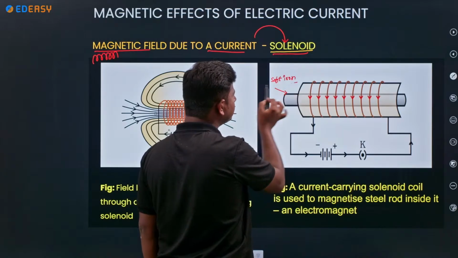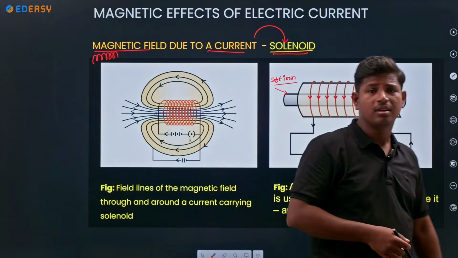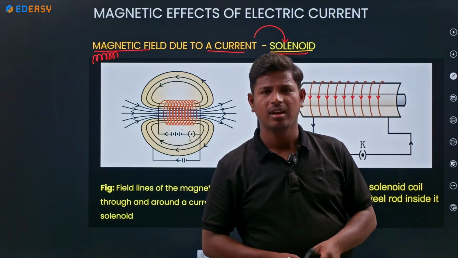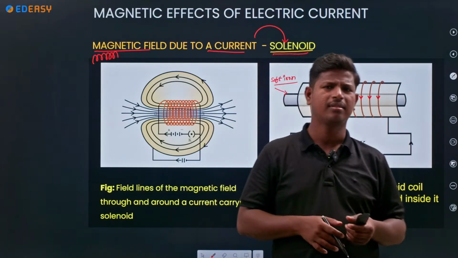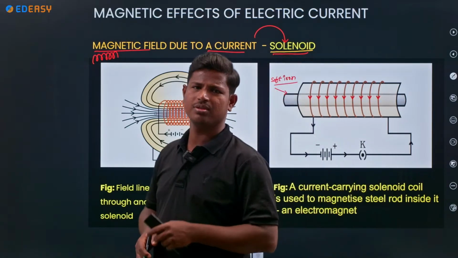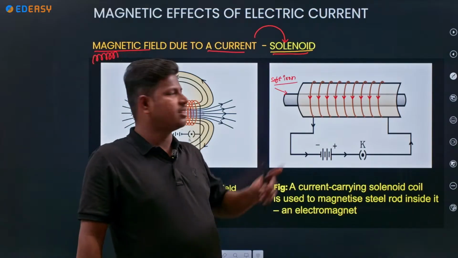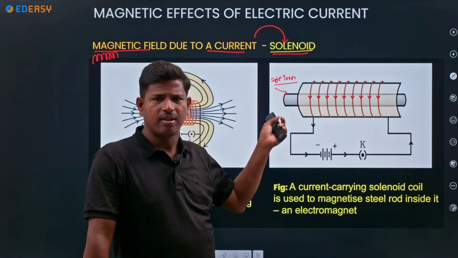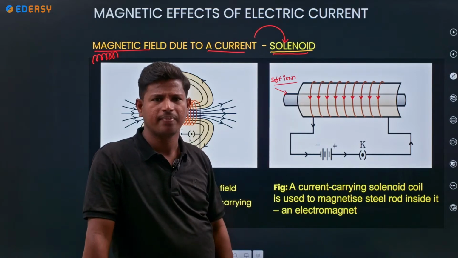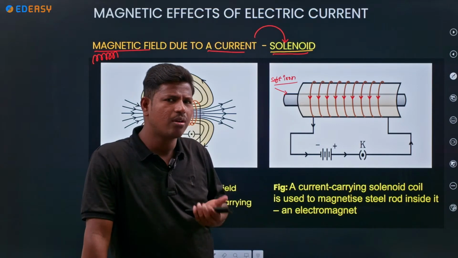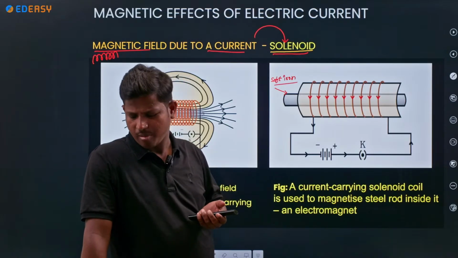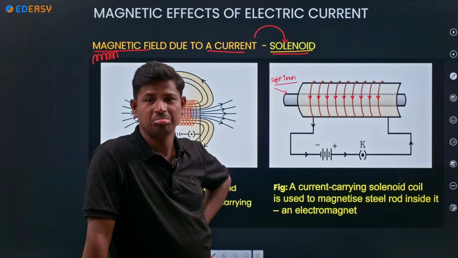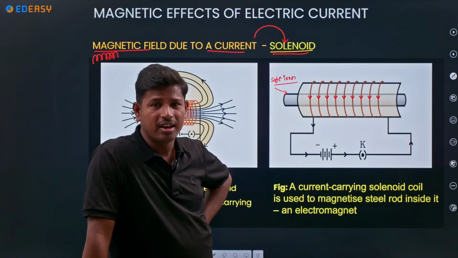They took a wire, and inside the wire they keep a soft iron. Are you getting any doubt here? Anybody from the comment section? Any doubt you're getting? No, sir. You also not getting any doubt?